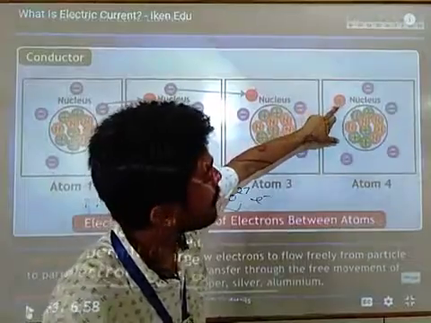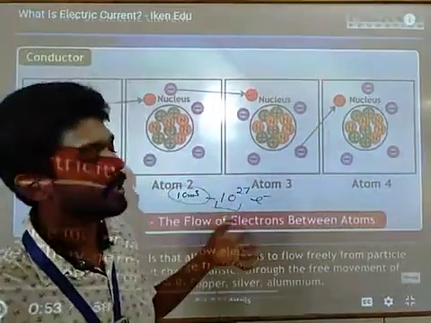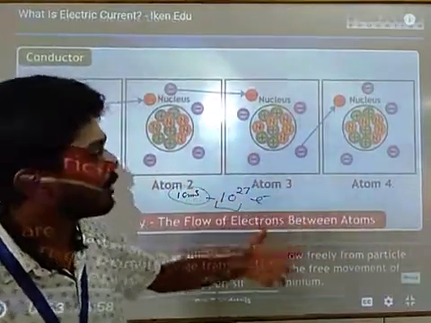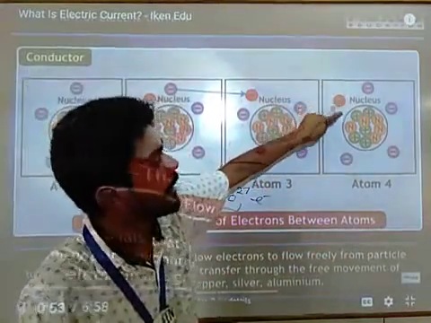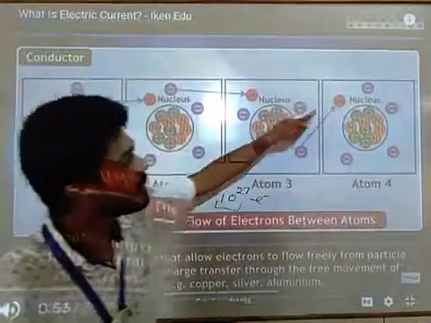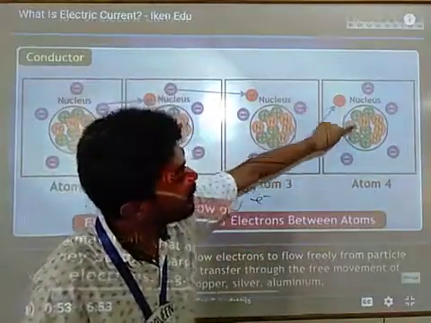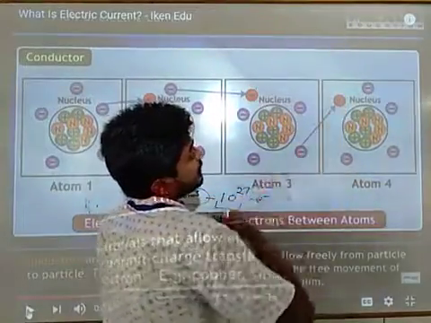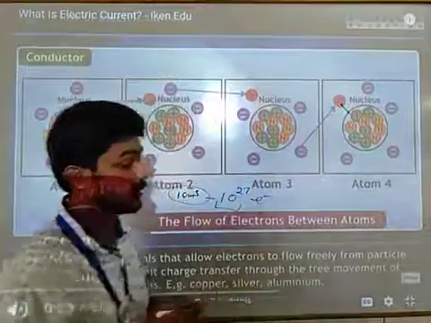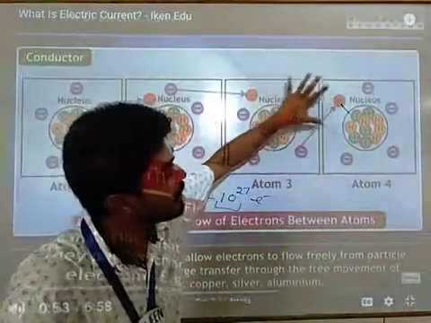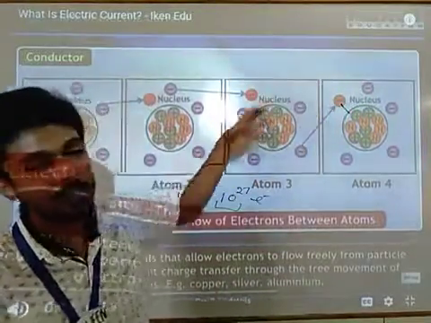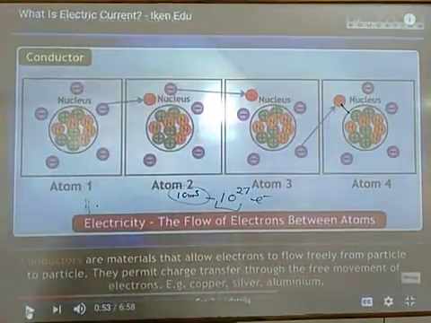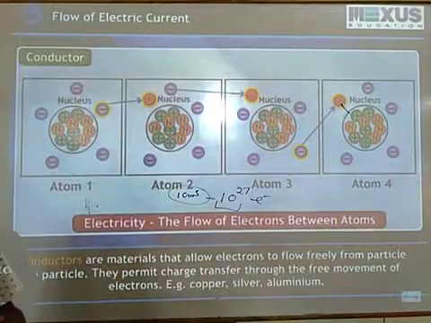Electrons are very loosely bound around the nucleus, and they can move inside the conductor because they get free from that atom. They break this bond because the nucleus attracts the electron. Since this attraction force is very loose, electrons can easily leave their place and move around the conductor. Further, we can see here.